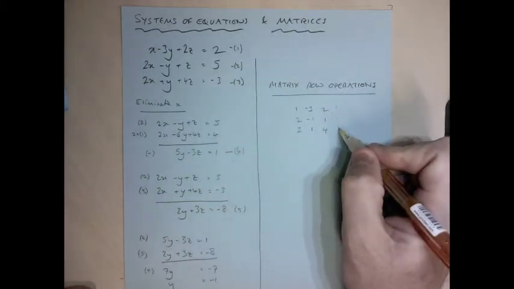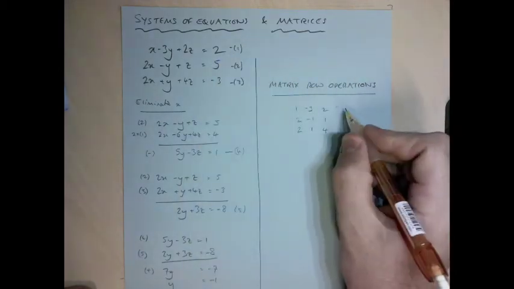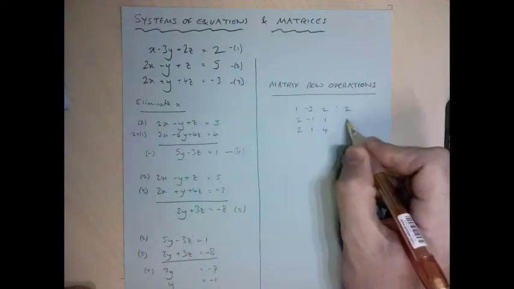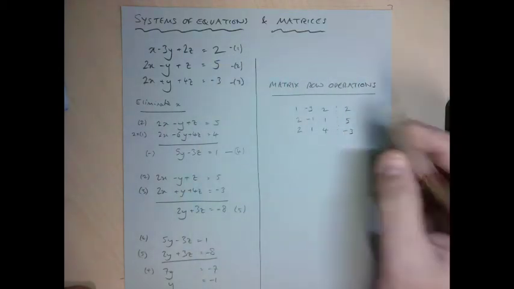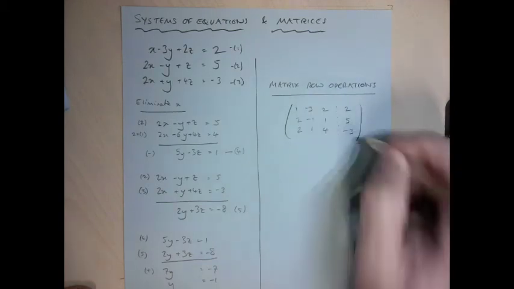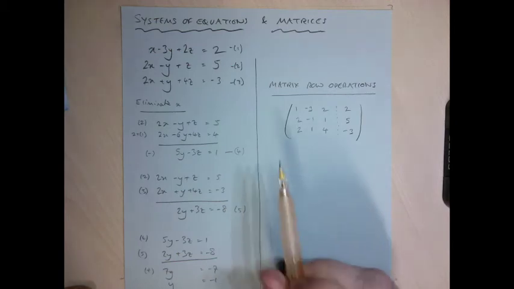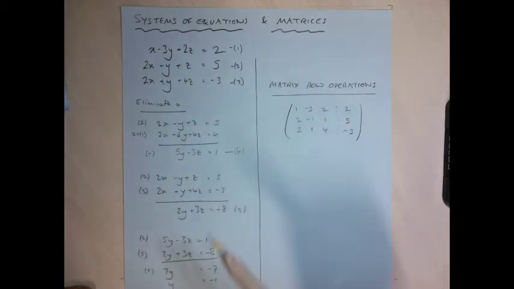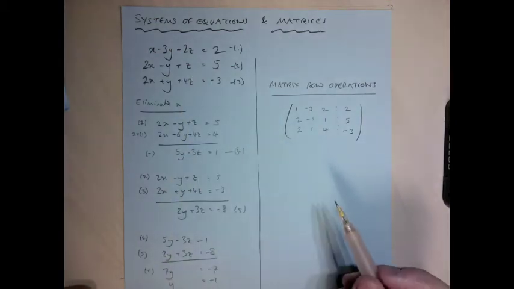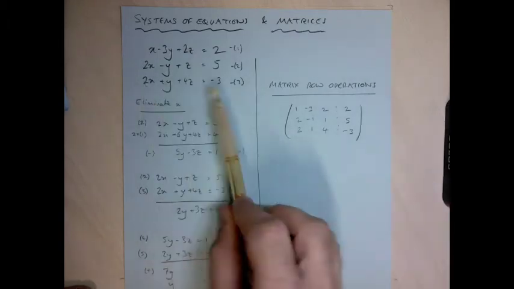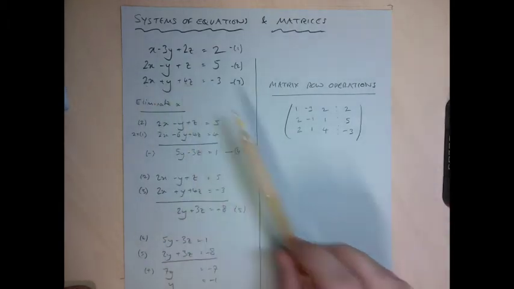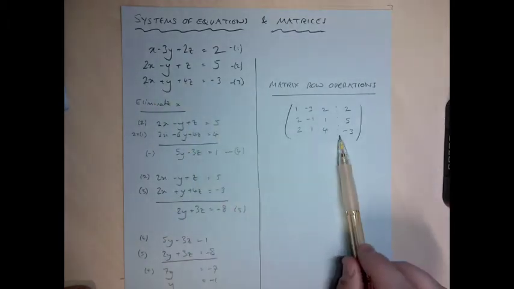And the constants at the end: 2, 5, minus 3. This is what's sometimes called an augmented matrix. It's this system of equations represented as a matrix. Now, combining equations is equivalent to combining rows.